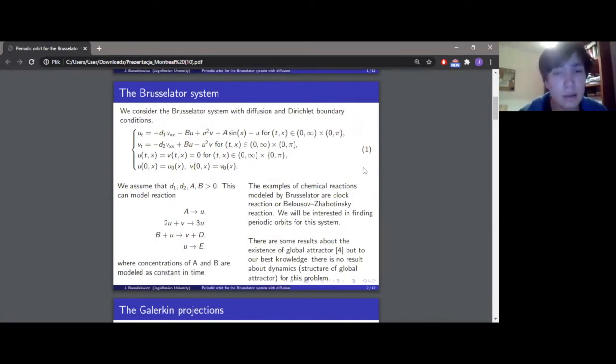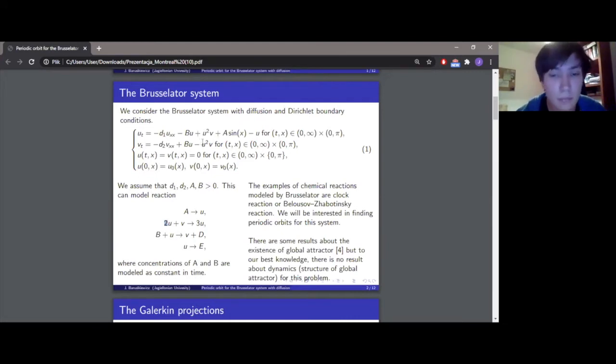This reaction can give rise to periodic behavior, and there is some nonlinearity in this reaction, which can come from the reaction 2u plus v creates 3u. So this reaction corresponds to this nonlinearity in the system.